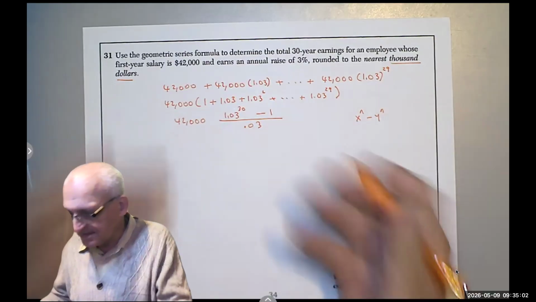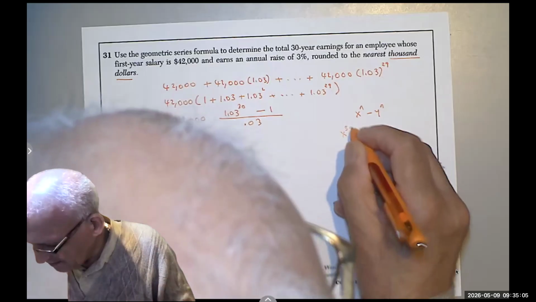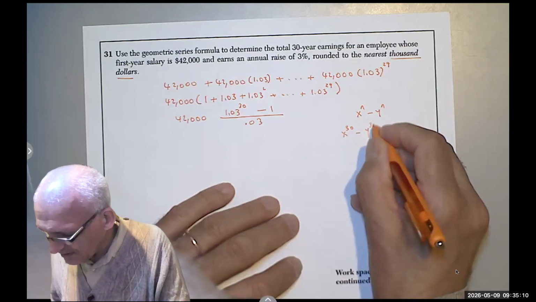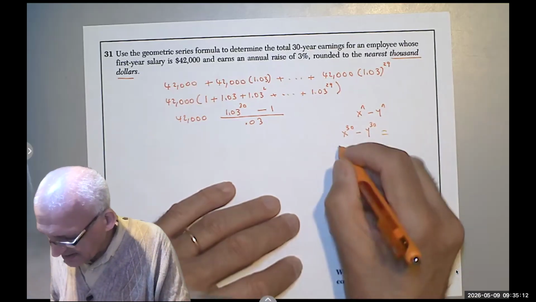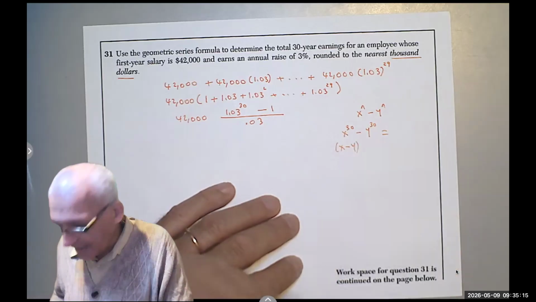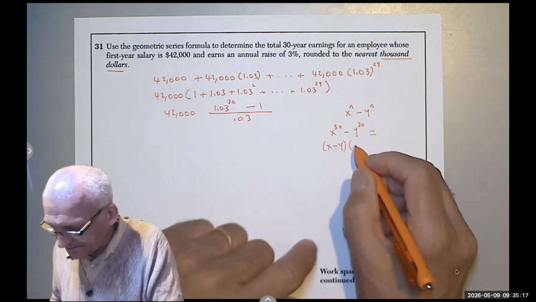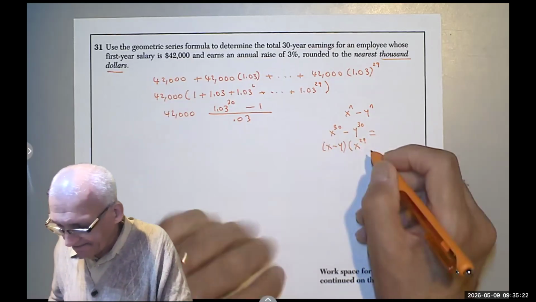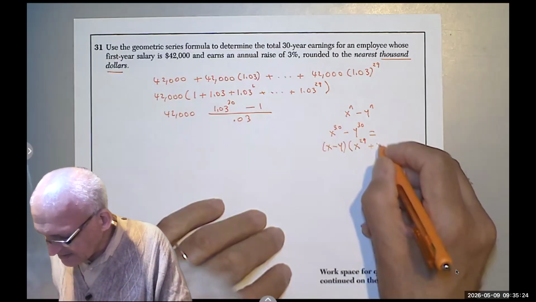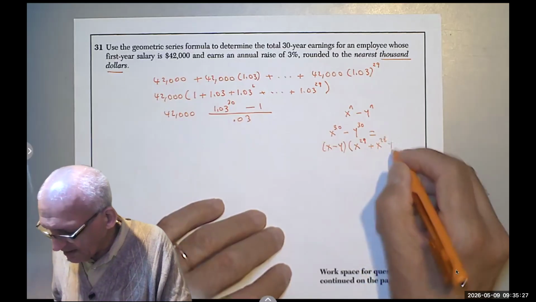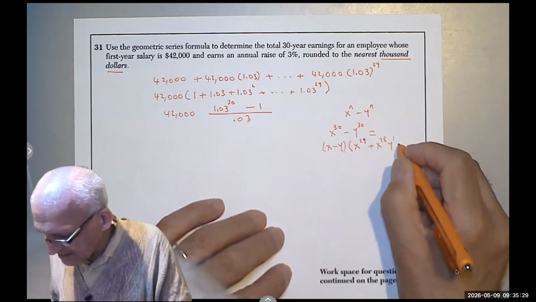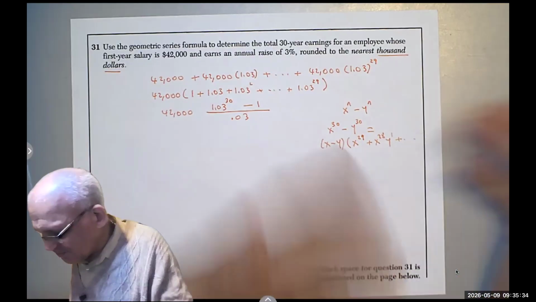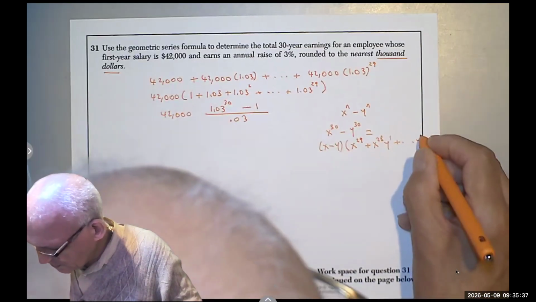So in this case, I can say x to the 30 minus y to the 30 equals x minus y, and then you multiply x to the 29th plus x to the 28th y to the first, plus, till you end up with y to the 29th.